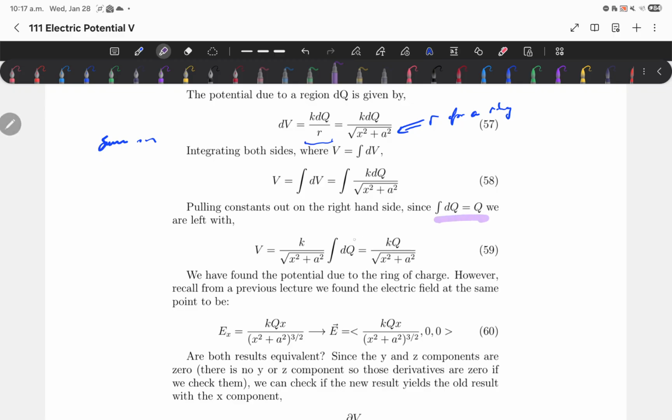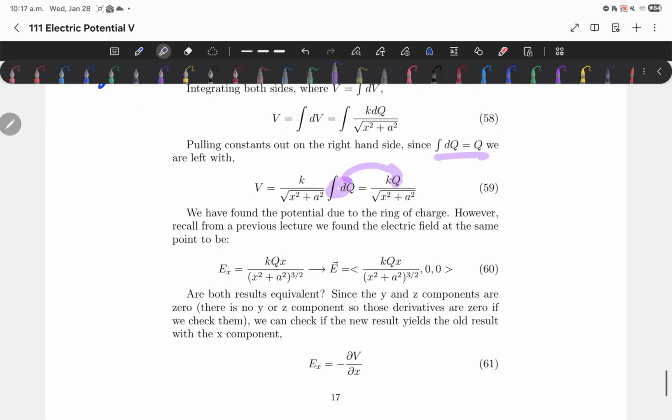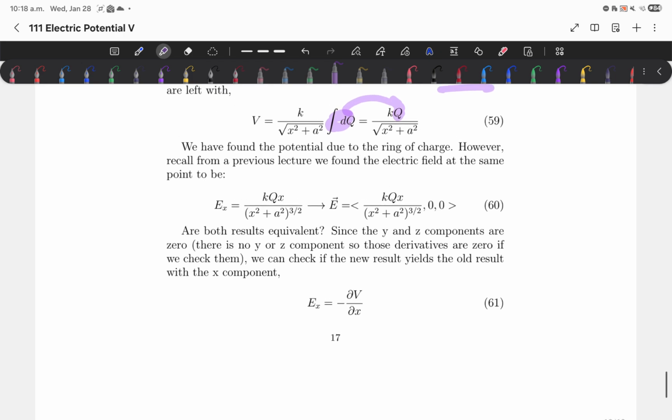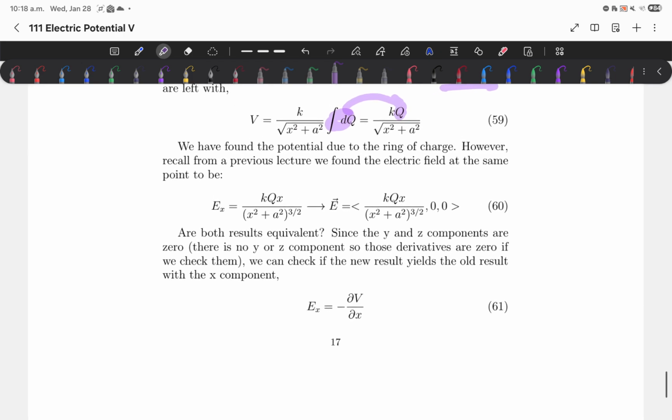We can plug that back in, and we have an expression here for the potential. Remember, we found the electric field a few lectures ago for this same problem. Now we have the potential at any point x on the x-axis for this ring aligned in the yz plane. We have also claimed that V and E are related, so let's check it out. We found this before. Now we're saying the potential is this.